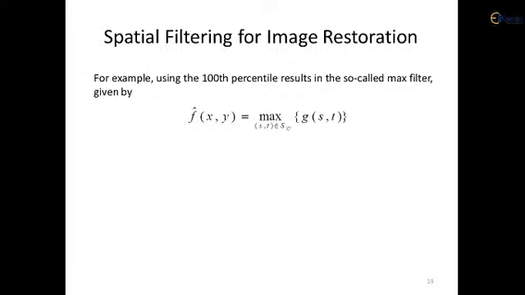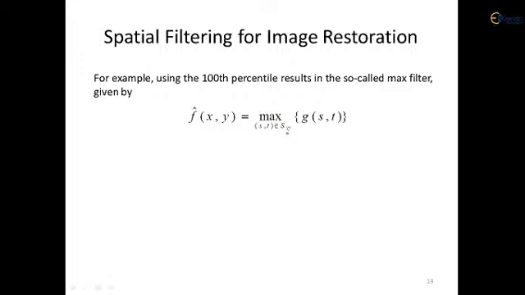Here on the right hand side we represent the max function, the determination of the maximum pixel intensity out of the neighborhood. The neighborhood here is represented by capital S suffix x comma y. The neighborhood we already showed while solving the simple problems associated with the median type of filtering. So this is the max filter.